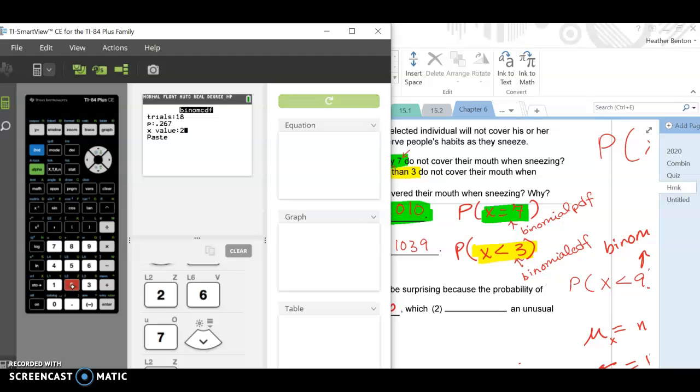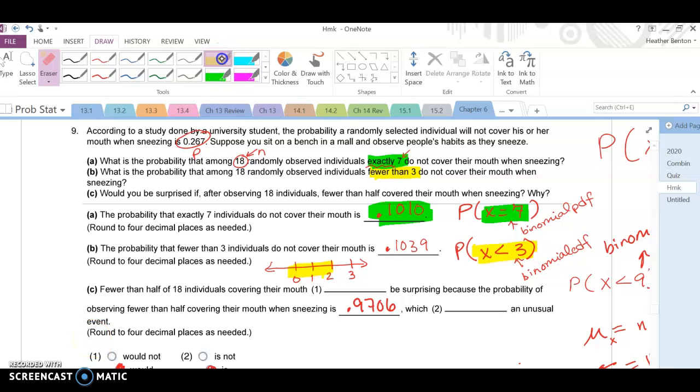Remember we said we're not including 3 because it's not equal to 3, and so the next integer below that would be 2. So it's 2 and everything below is how this works. And 0.1039 is the number we get for that one. Remember, you're going to 4 decimal places, so make sure you get all 4 of those.